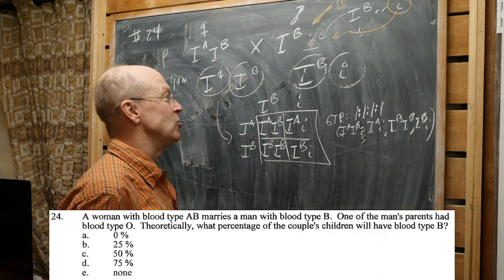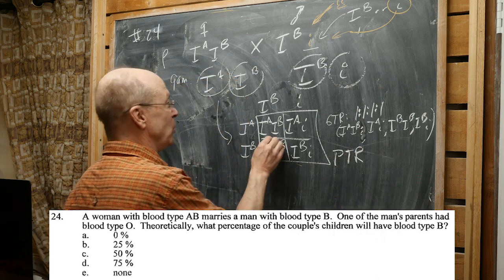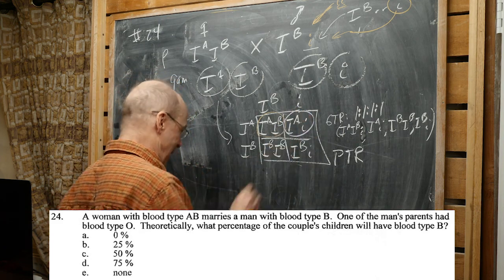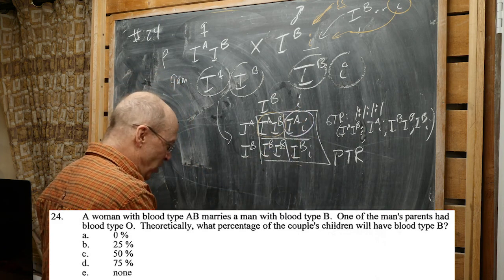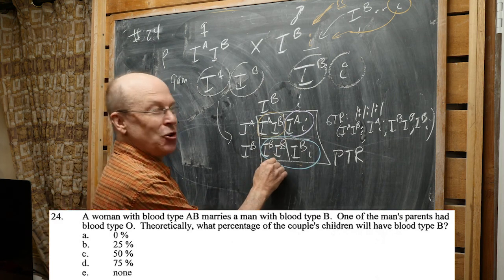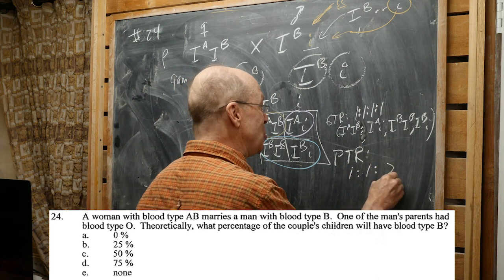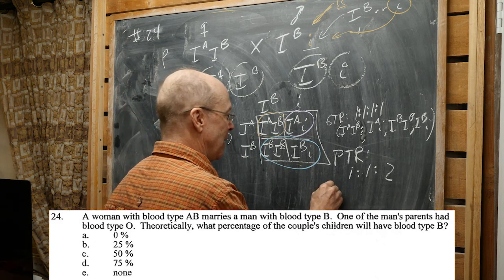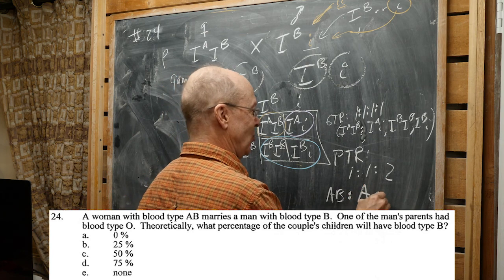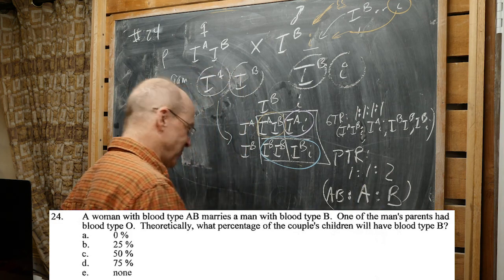So that's the genotypic ratio. But the phenotypic ratio is really fun, because we have one type AB, one type A, and beautifully we end up with 2 type B. So this is a 1 to 1 to 2 ratio of type AB to type A to type B. A 1 to 1 to 2 ratio.